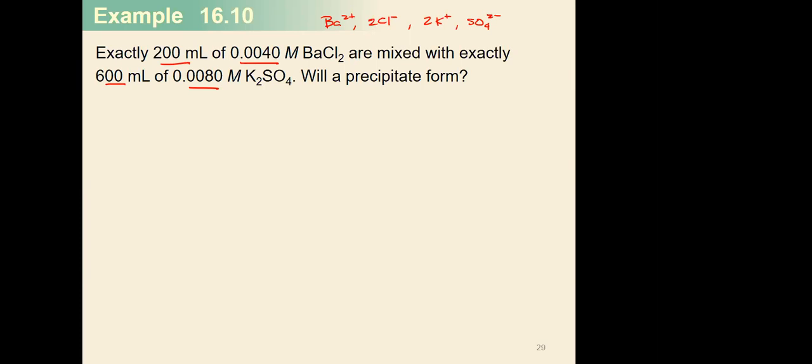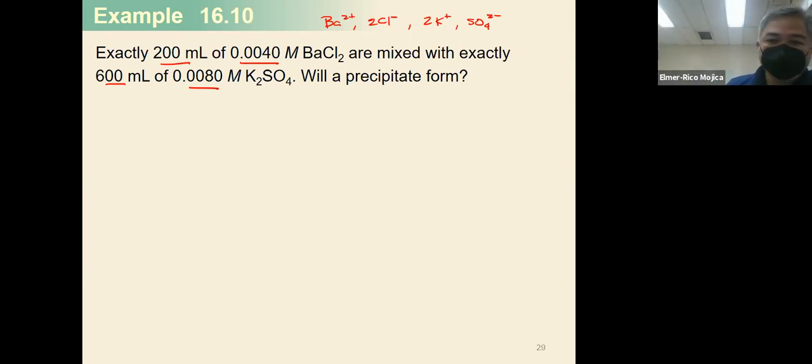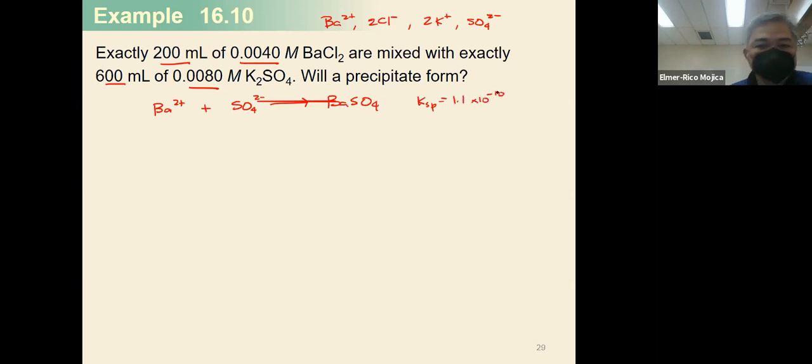We need to know the product so that we can determine what the given KSP is. So we need to get the KSP of barium sulfate, and that is equal to 1.1 times 10 to the negative 10. Why? Because we need to get the ion product and compare it to the KSP.